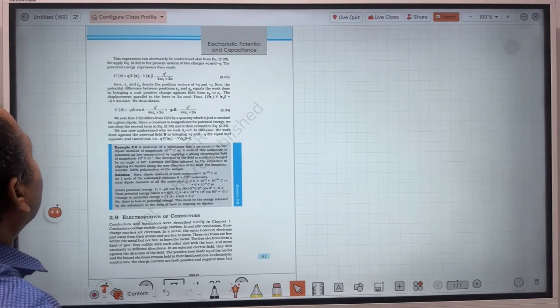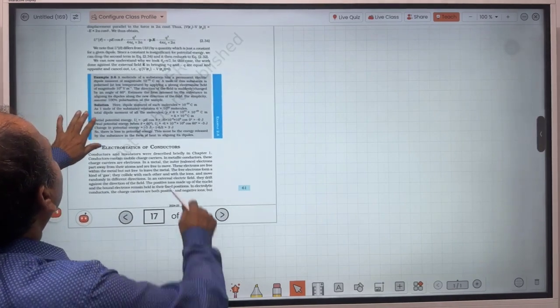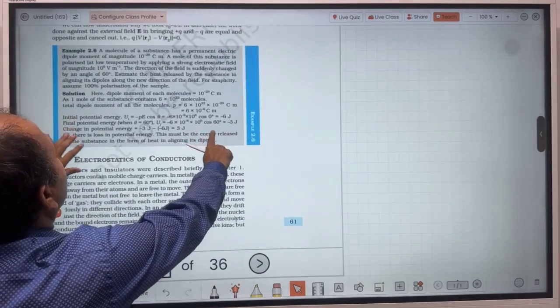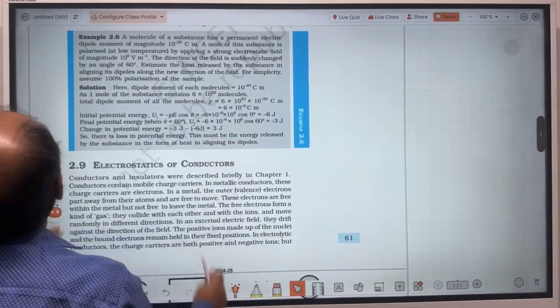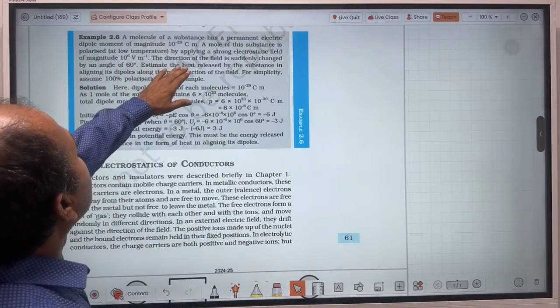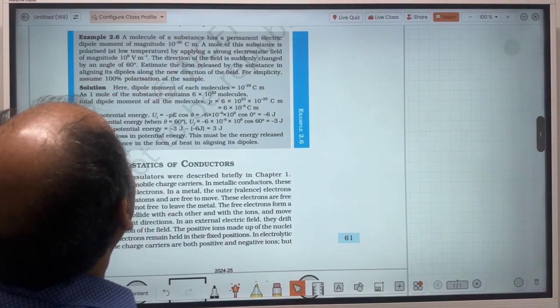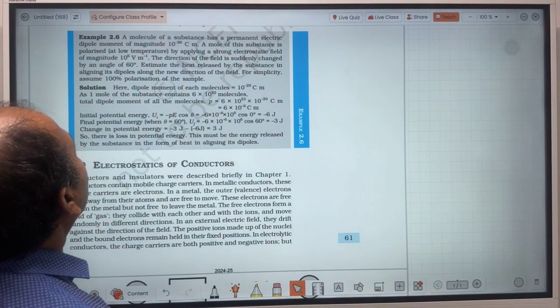Now let's consider a numerical based on it. Let's read it. The numerical is: a molecule of a substance has a permanent electric dipole moment of magnitude 10 power minus 29 coulomb meter.